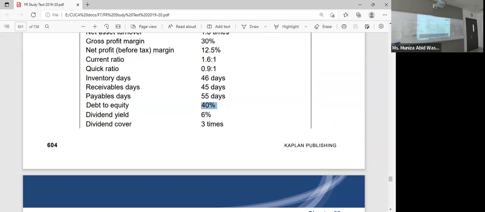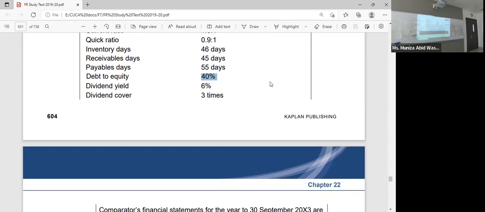Your ratio is 86%. 86% of the equity financing is being invested in the debt. In the industry, the debt is only 40% of the equity financing. It means that the industry is more secure. It simply means that debt is 60% lesser relative to the equity. So your organization is again facing difficulties.